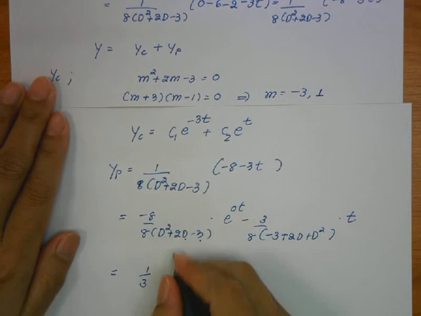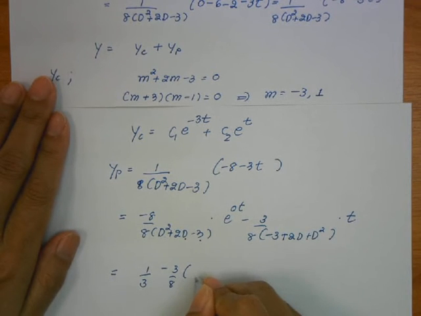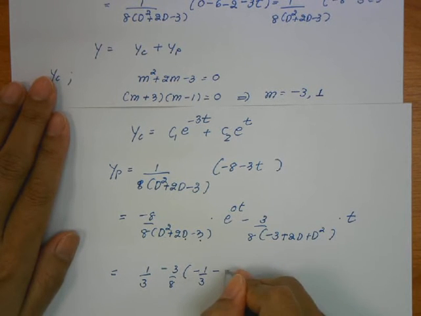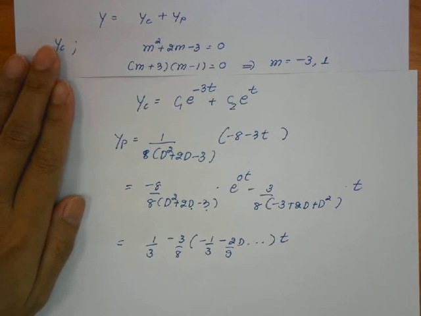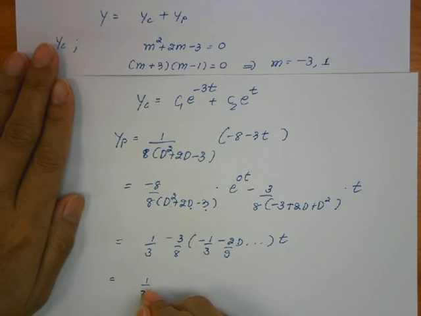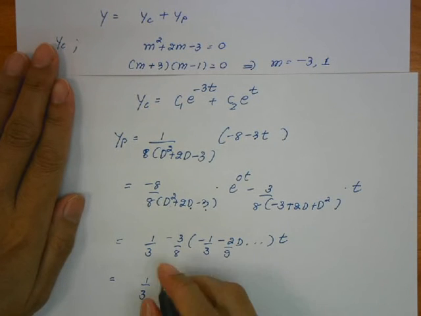And then this term, it is the dividing, minus 1 over 3 minus 2 over 9D and so on. Get 1 over 3, minus minus is equal to plus 1 over 8t.